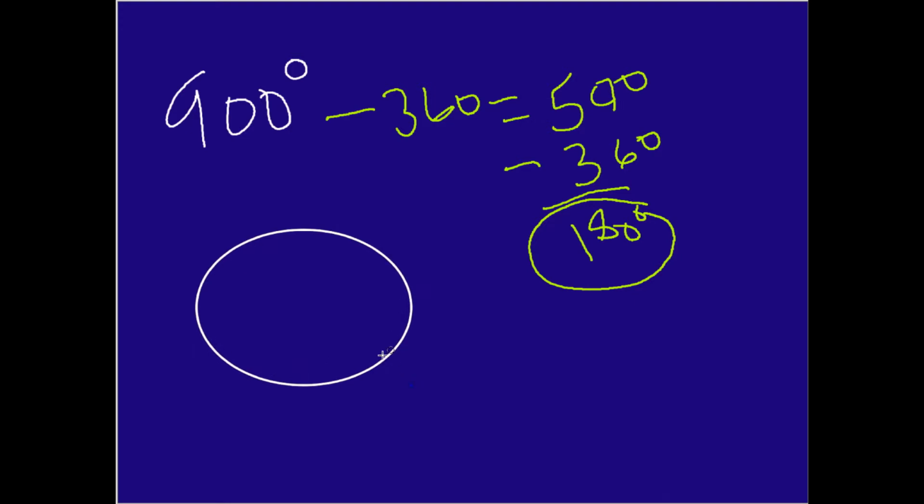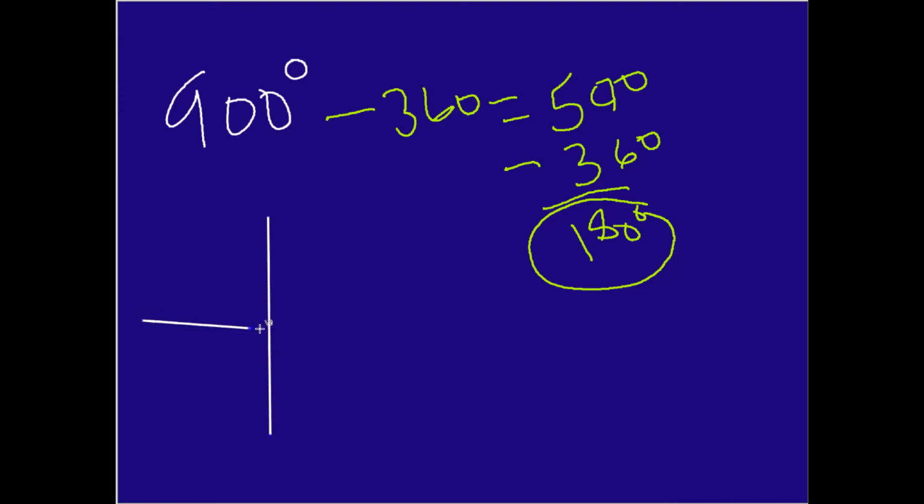I don't even need the circle. I can just draw the axes here. Now, to draw this, I go clockwise, or actually it doesn't really matter, because I want to get to 900.